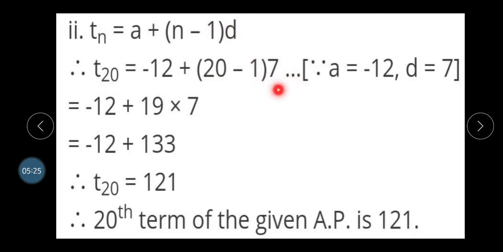We have substituted our values and we have written the reason in brackets. 20 minus 1 we will get 19. 19 into 7, 133. Adding 133 to minus 12, we need to solve it. So we will get 121. What we did, 133 minus 12, we got 121 and we have put the sign of the bigger number. So the 20th term of the AP is 121.